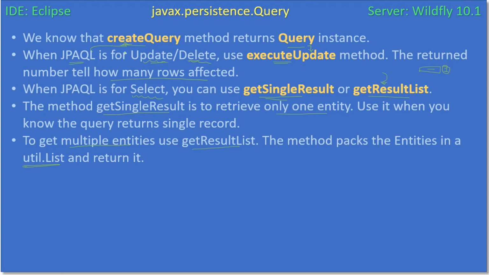Which entity depends on the JPA-QL. So in the example previously, we saw select SAC from SavingAccount SAC. There SavingAccount is the entity name. So if it returns multiple records, then we will have a list of the entity SavingsAccount.